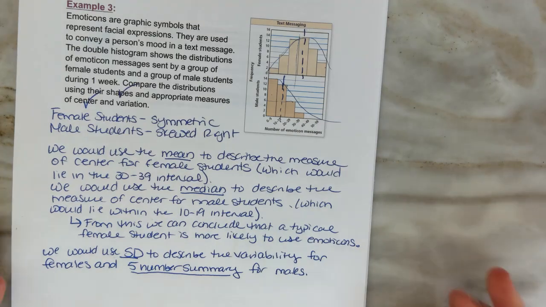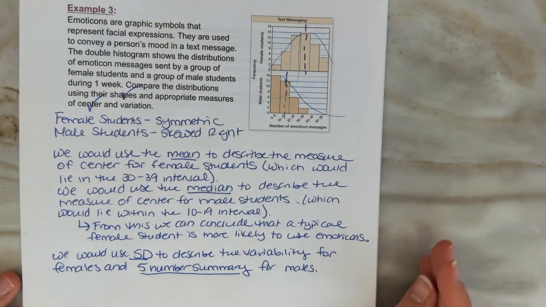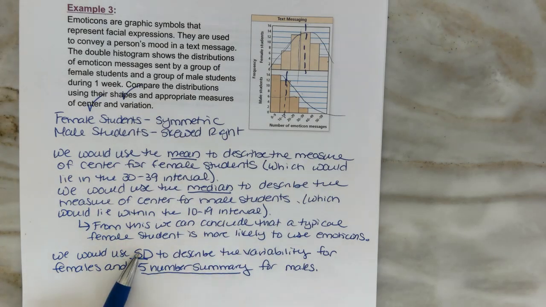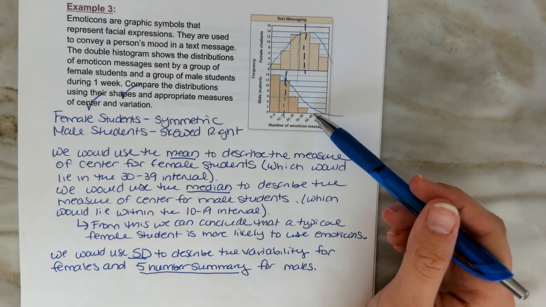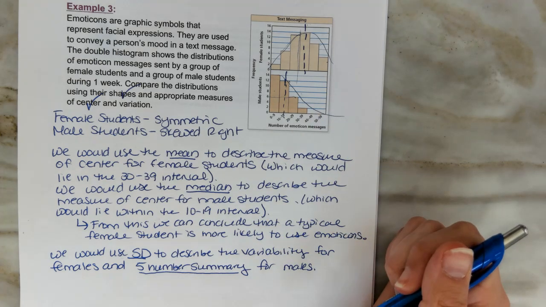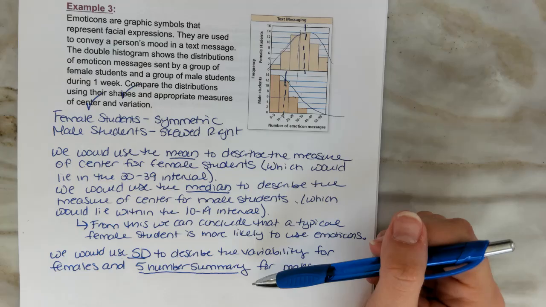Then let's look at it up here. The variability is basically your spread of data. If we were to actually be able to find the standard deviation or 5 number summary, we could, but just given this information here on the graph, we don't know what the exact numbers are, so we cannot find the actual standard deviation or the actual 5 number summary.